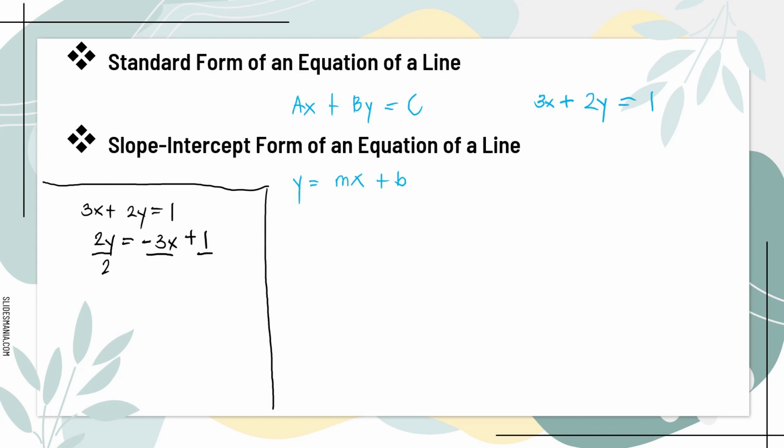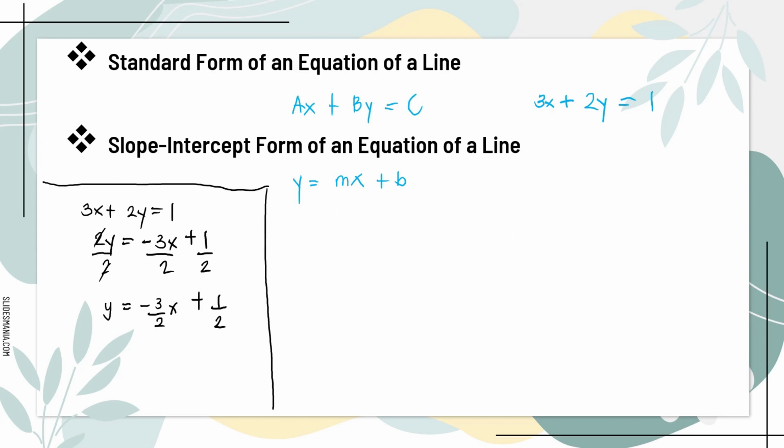Para y lang matira dyan. And then you can cancel out this 2. You'll have y is equal to negative 3 over 2 x plus 1/2. And this is already the slope-intercept form of this equation.